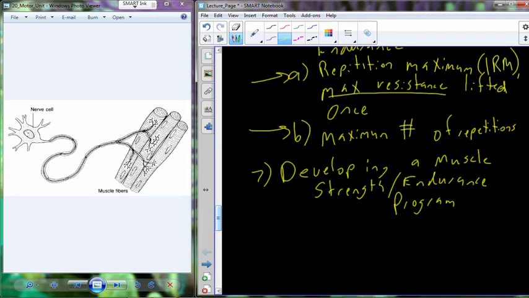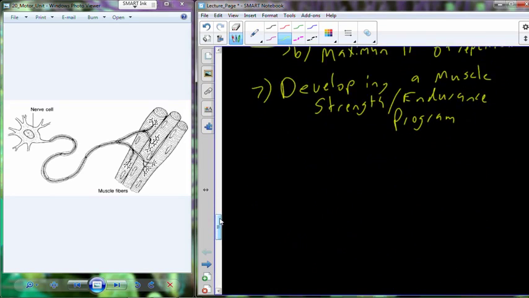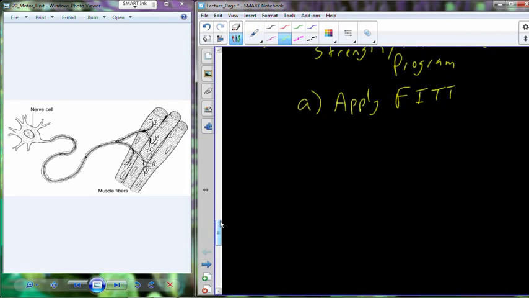So we've already done something very similar with cardiorespiratory endurance, and what you'll remember is we developed that program, we applied the FIT principle, and we're going to do the same here. So we're going to take a look at your frequency, intensity, time, and type for muscle strength and muscle endurance. And we'll start out with our frequency.